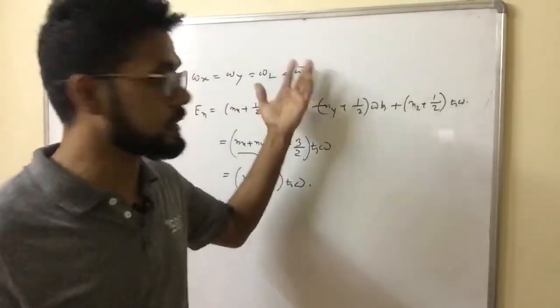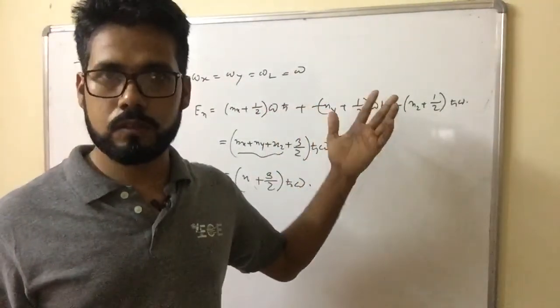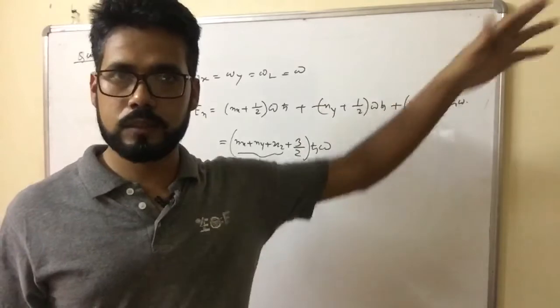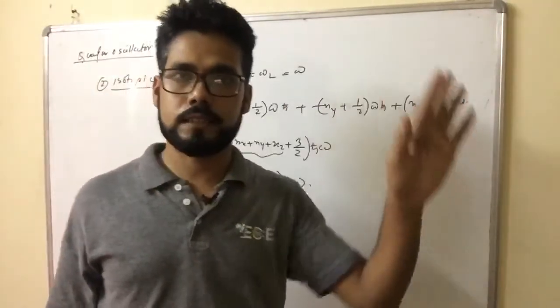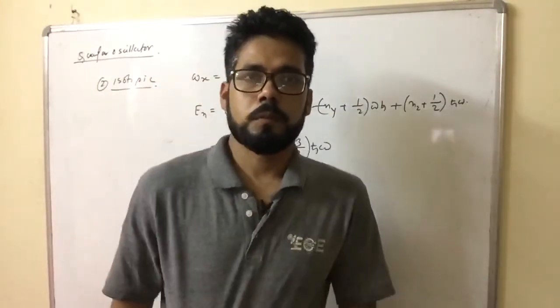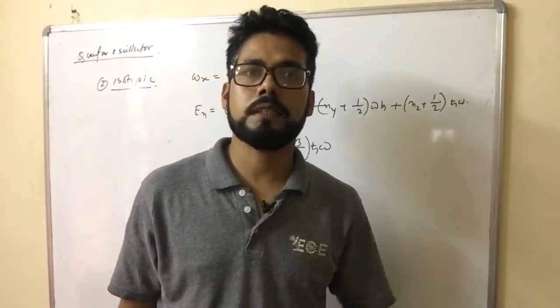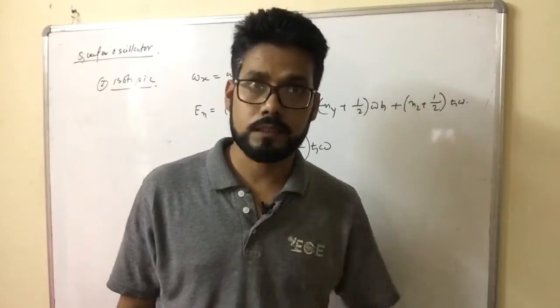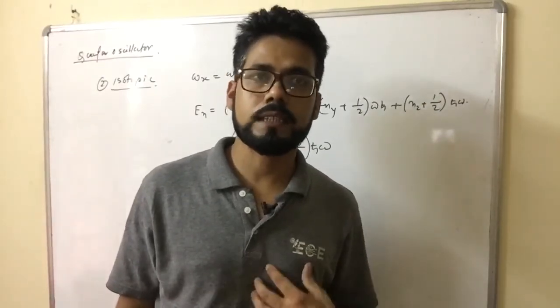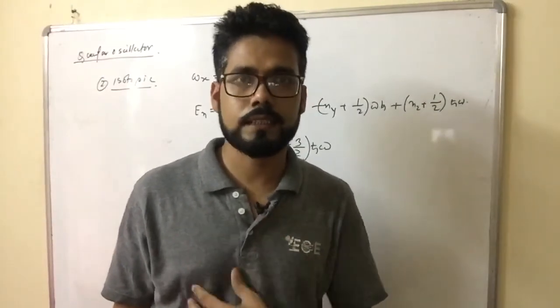Degeneracy: in the previous example, the anisotropic harmonic oscillator, the frequency is not the same along x, y, z. In that case there is no degeneracy. Degeneracy means having different states but a common energy. Suppose I can stay in Jorhat, I can stay in Guwahati, I can stay in Tezpur.